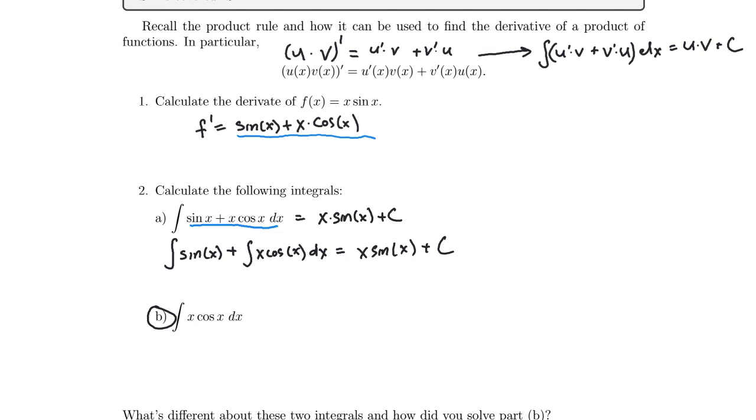So in fact, when it comes time to calculate x times cosine of x, I can isolate it simply by subtracting the integral of sine on both sides.